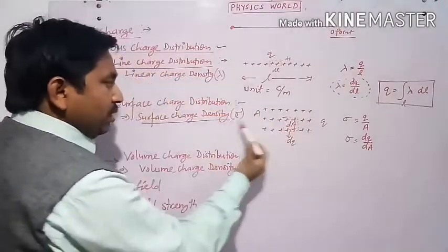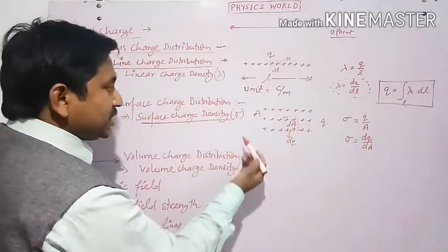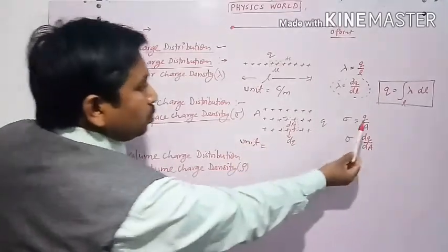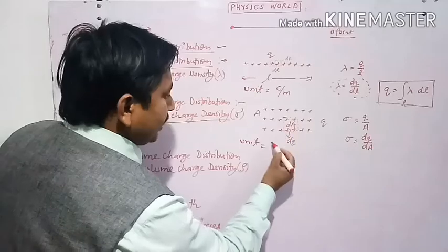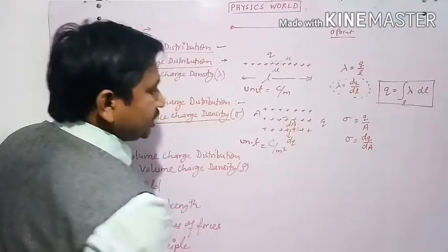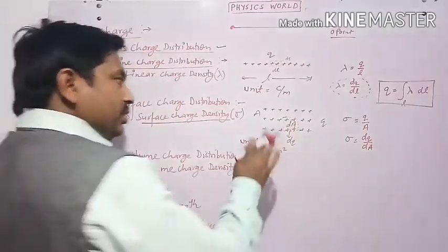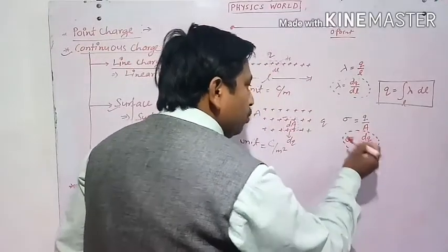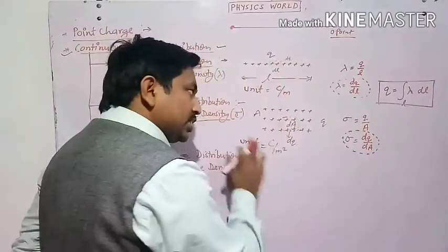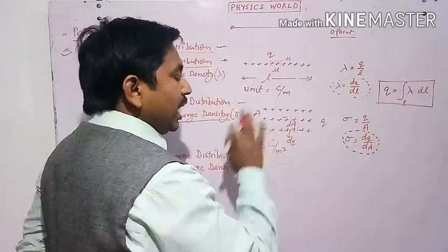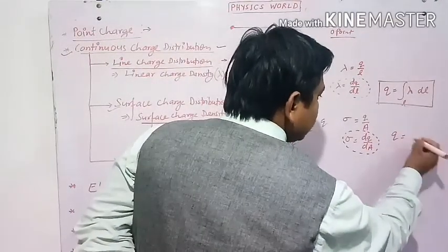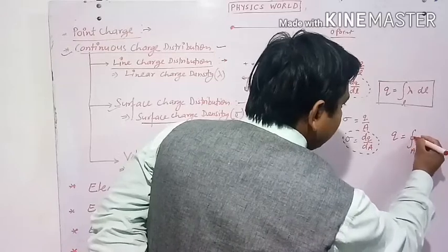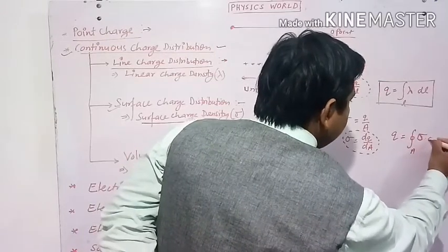Now the unit of surface charge density sigma is coulomb per meter square, and by the formula of the surface charge density we can find the total charge distributed on the surface, expressed as Q equal to the area integration of sigma dA.